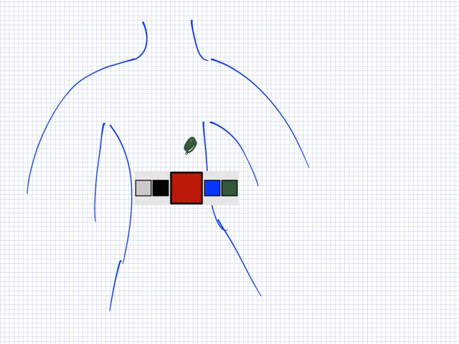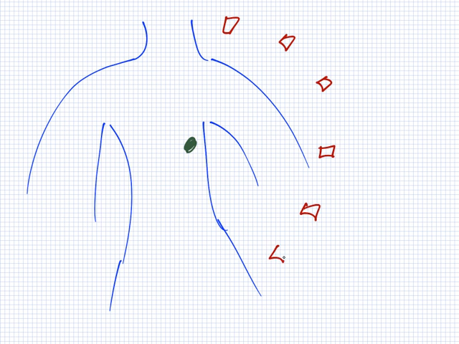This is my person. Yeah, I know. You get the idea. Now, what would happen is the person maybe would have some cancer here, for example. So what they would do is they'd have many radioactive sources that would release gamma radiation.